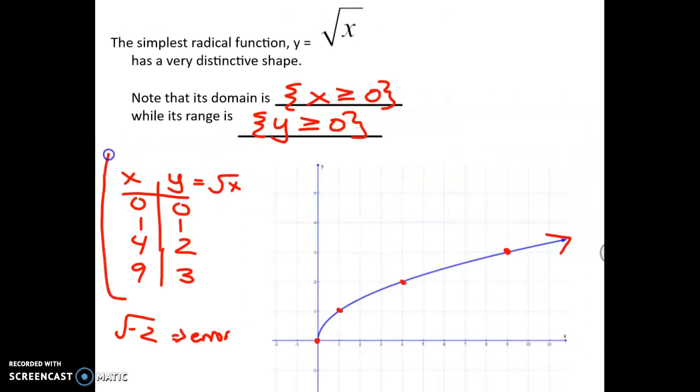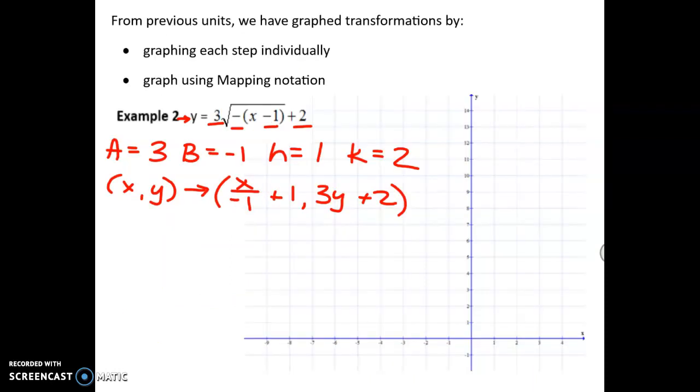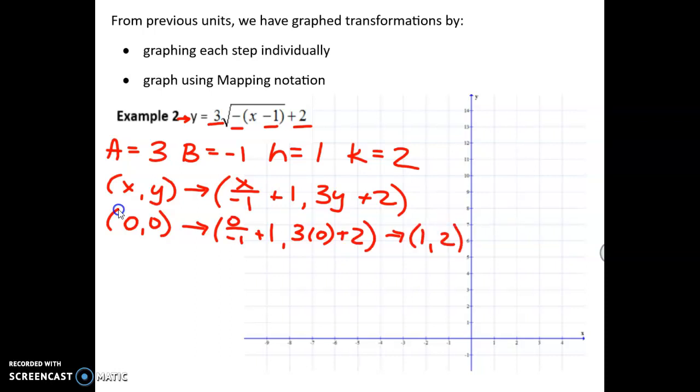Remember that the key points were (0, 0), (1, 1), (4, 2), and (9, 3). So that's what we're going to plug into mapping. The first point, we're going to plug in (0, 0). Now, if I put a 0 into the x and a 0 into the y, we'll end up with just 1 and 2.